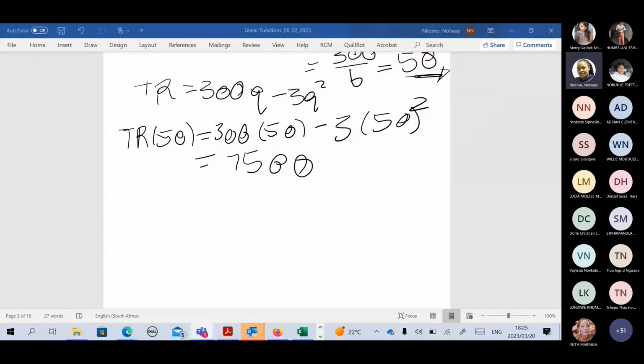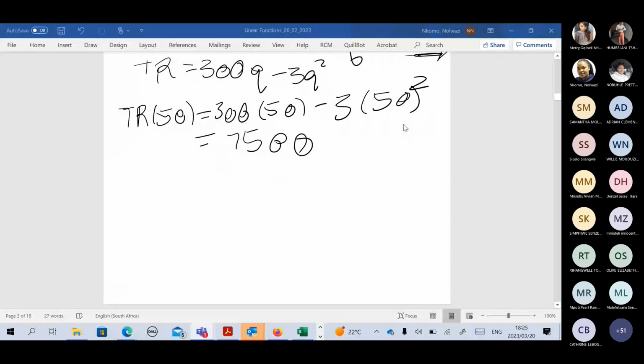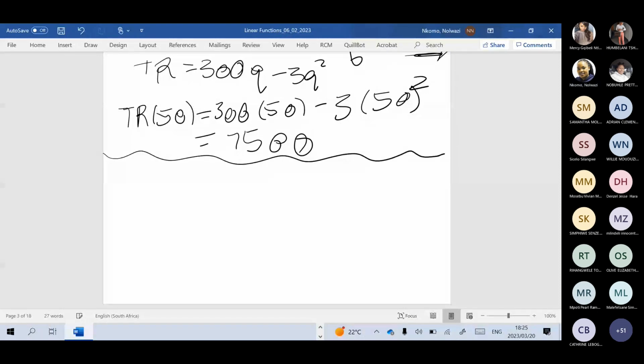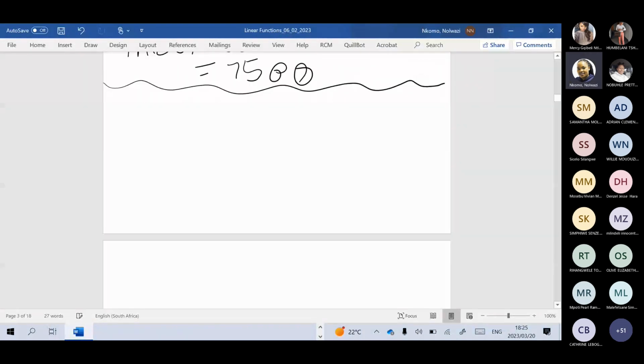Then let's do another example. Suppose we are given a total cost as 1,800 minus 80Q plus Q squared.